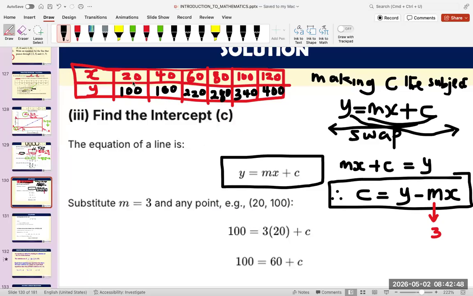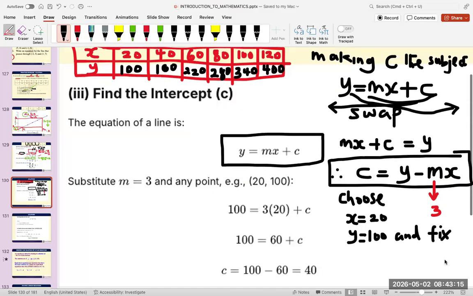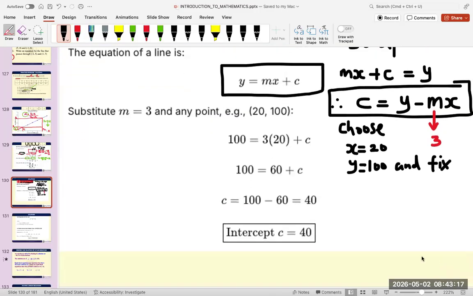So assuming I'm choosing 20 and 100. If I'm choosing 20 and 100, then I'll say choose X equals 20, Y equals 100, and fix in the equation. So this is what is going to happen.